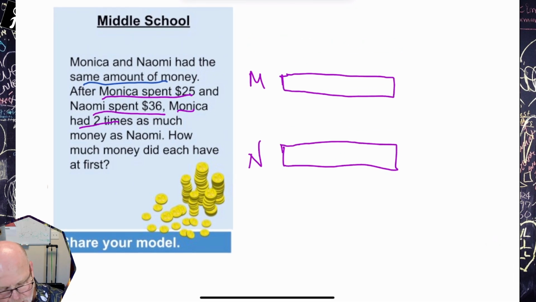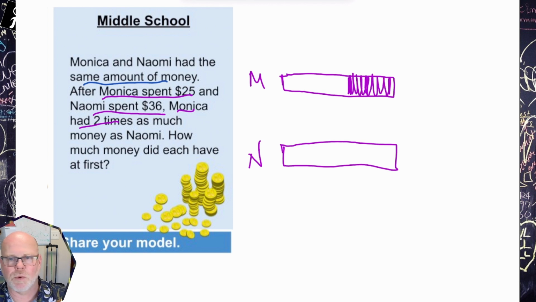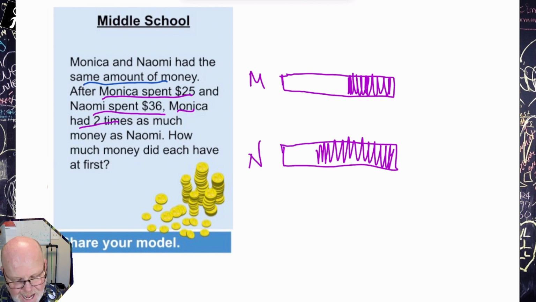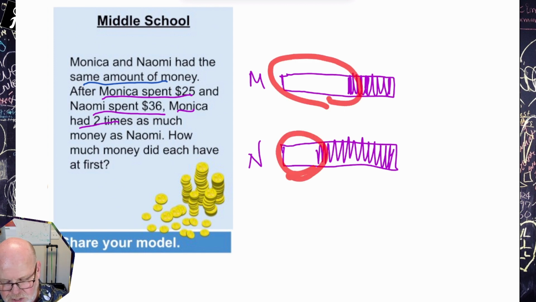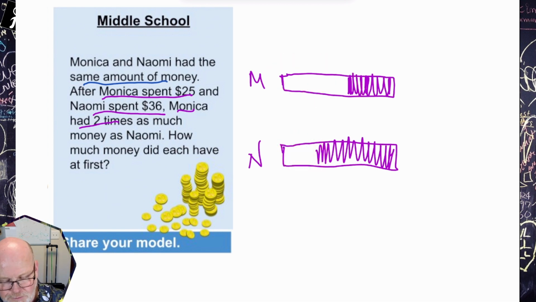So we know that Monica spent $25. Okay, there's my $25. Naomi spent more than that, so I'm going to keep going. And it says that at the end, Monica had twice as much as Naomi, so I want to make this white part reflect that.